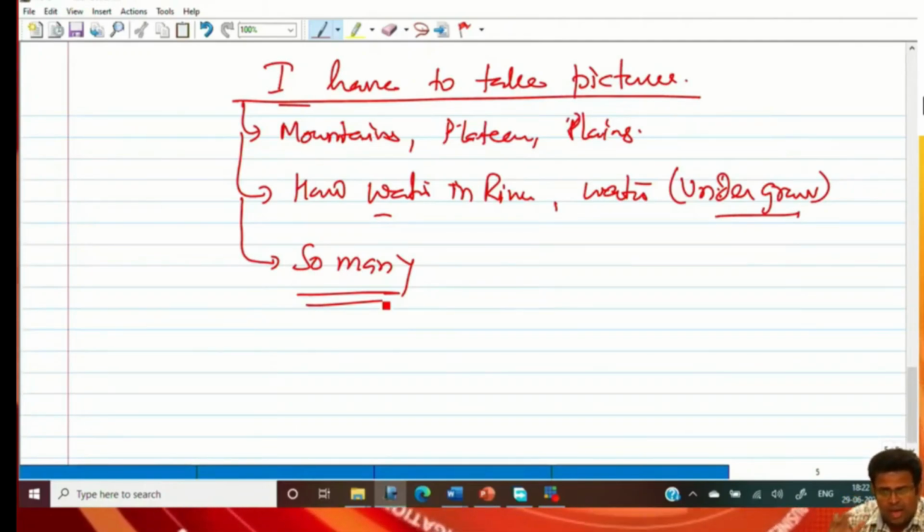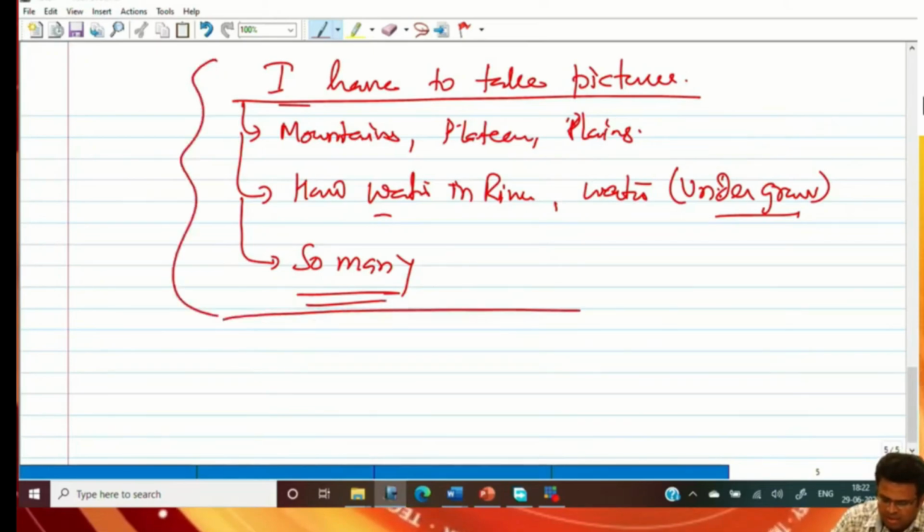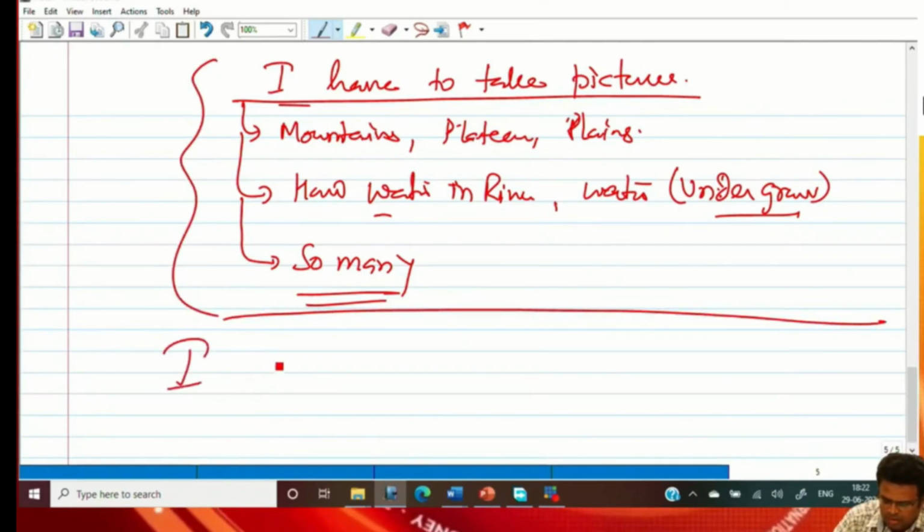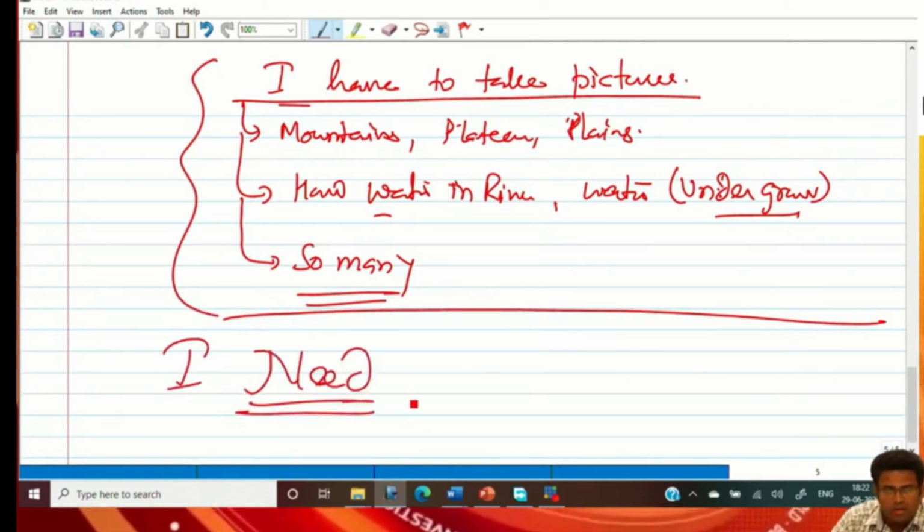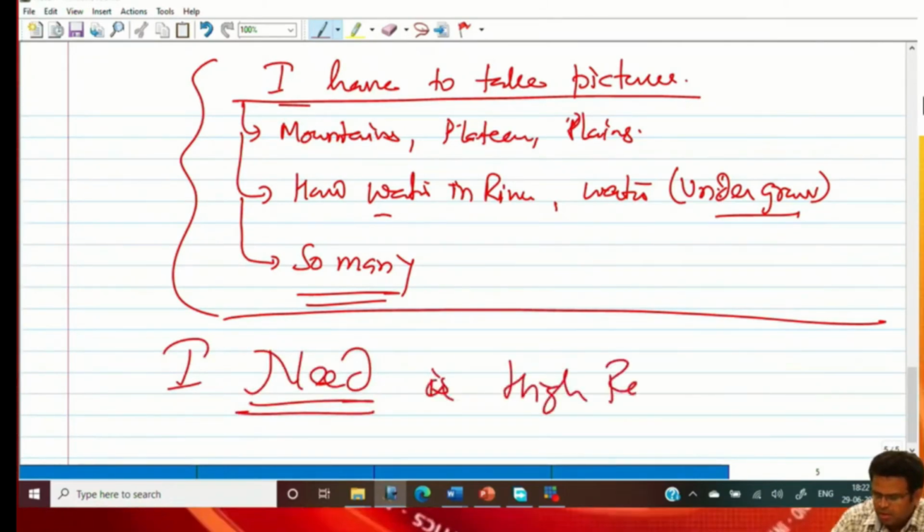So there will be a camera. I have to take a picture, then I need a camera. I need a high resolution camera.